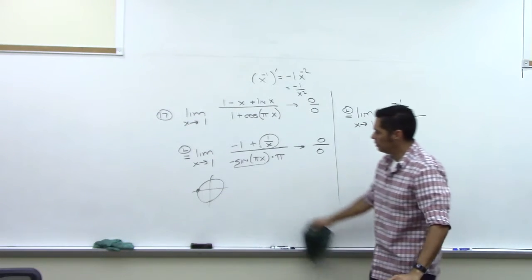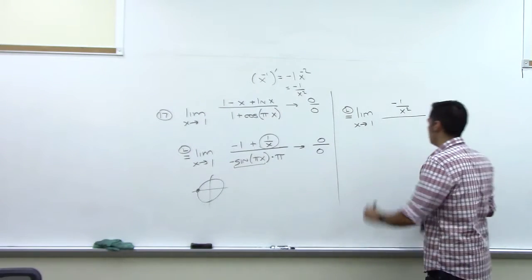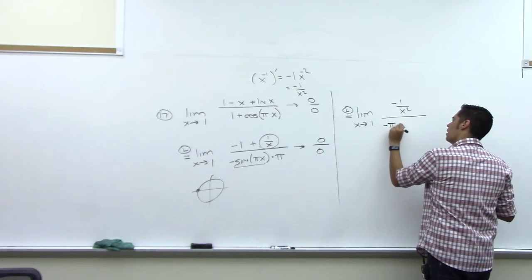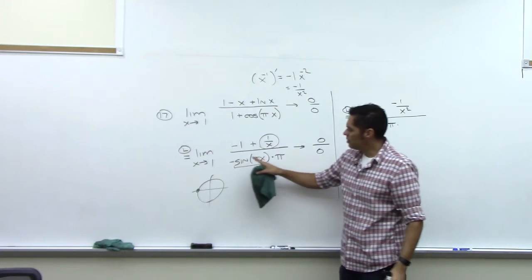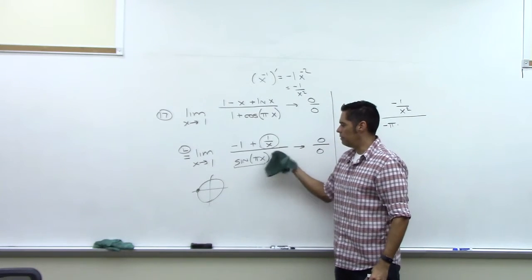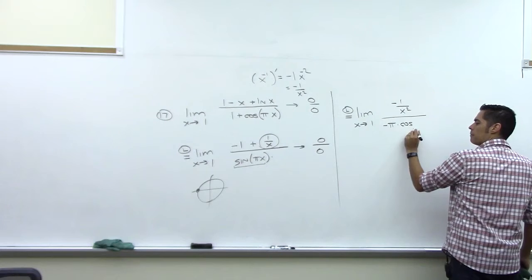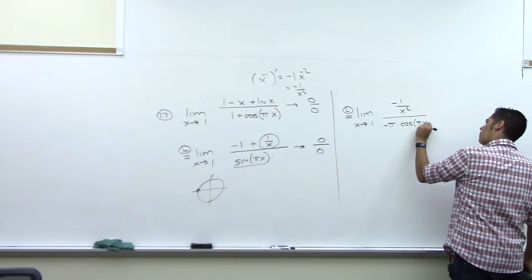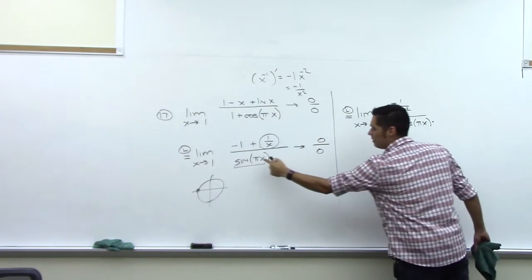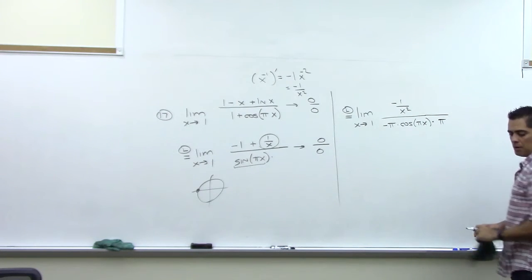Ooh. Okay, pi here, negative pi, that's a constant. It's going to come for the ride. Derivative of sine of something, right? I've already taken care of the negative and the pi. The derivative of sine of something is cosine of that something times the derivative of what's inside, which is pi again. And now I hope for the best here.